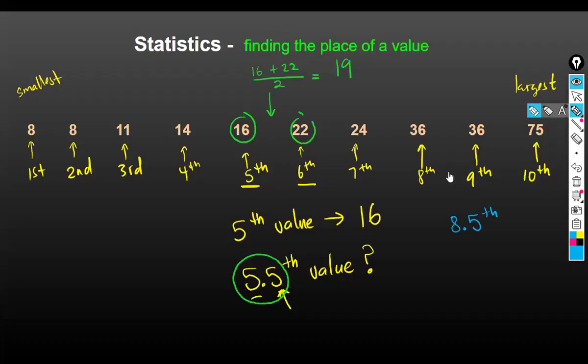I think everyone could agree that 8.5 is somewhere in between 8th place and 9th place. So you're looking at 36 and another 36. No problem having the same two values. The rule is, if you want to find something in between two values, you add the two values. It's not my fault the two values are the same. Add 36 and 36 and divide by 2, and you will get back 36. So the 8.5 value is still 36.